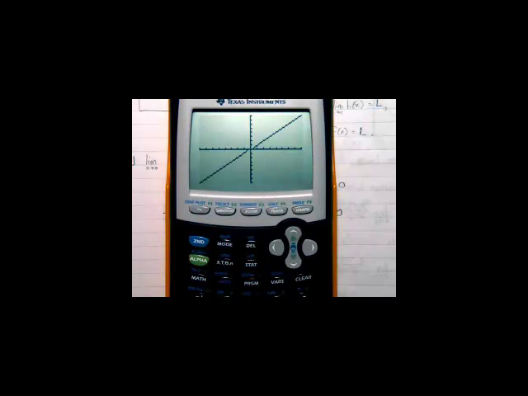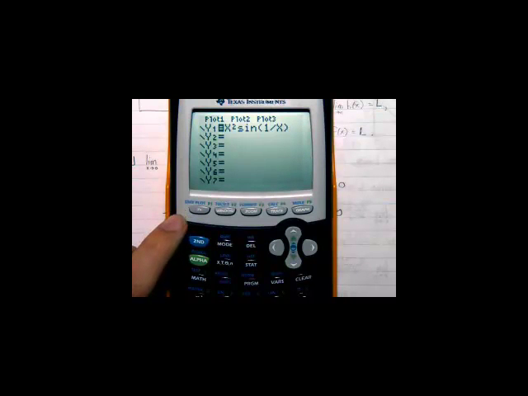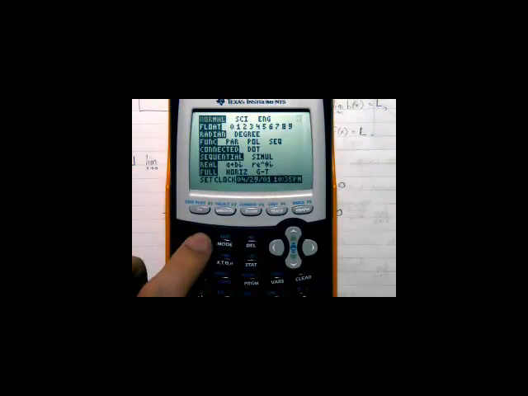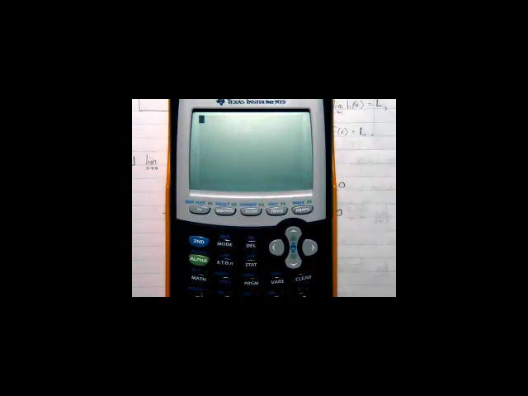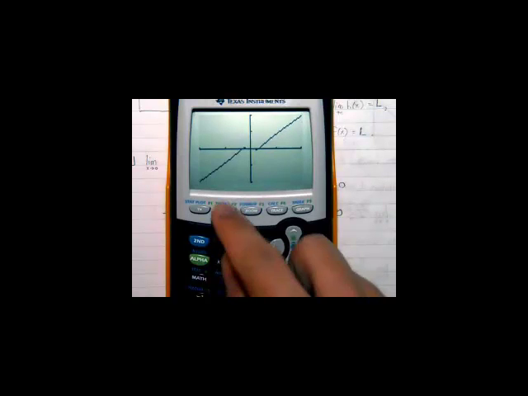In fact, this function gets a lot more interesting if you make the window smaller. Actually, is that right? Radians, yeah, okay. Let's see if I make this smaller. We're going to have to make that even smaller.